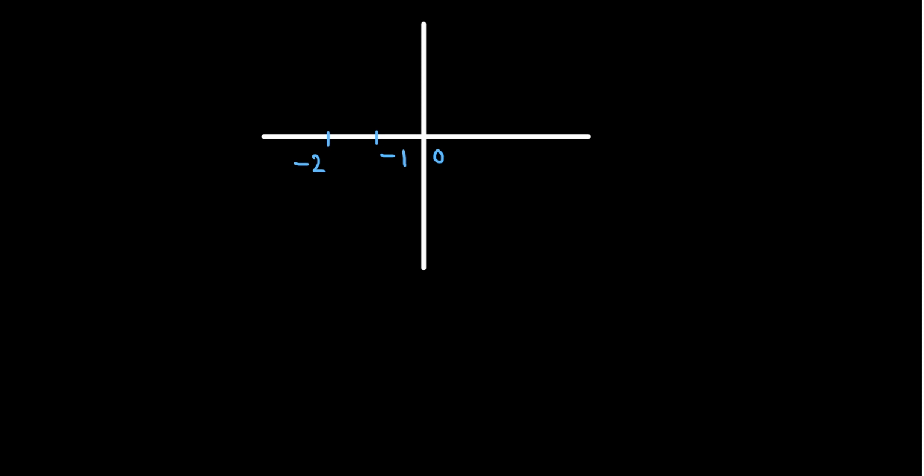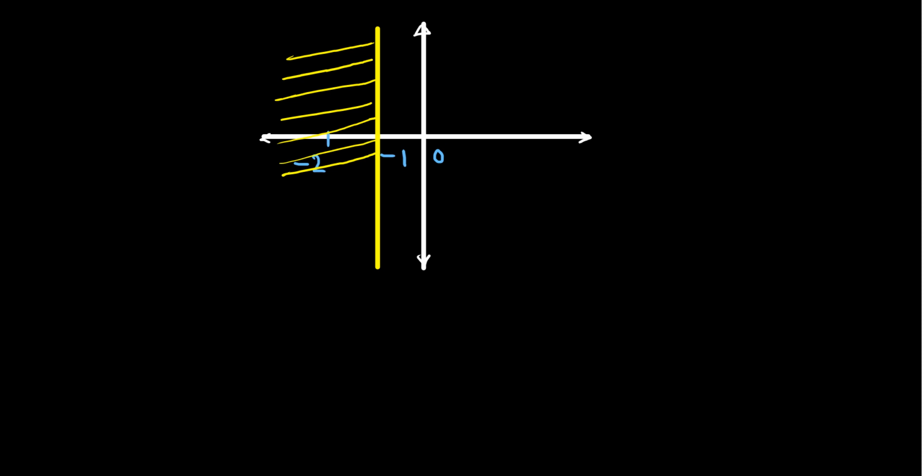I'll draw the region of convergence as sigma less than minus 1, so I'll simply draw a line passing through minus 1 and indicate the shaded region. This is the region for which this Laplace transform is going to converge. So this is going to be the region of convergence.